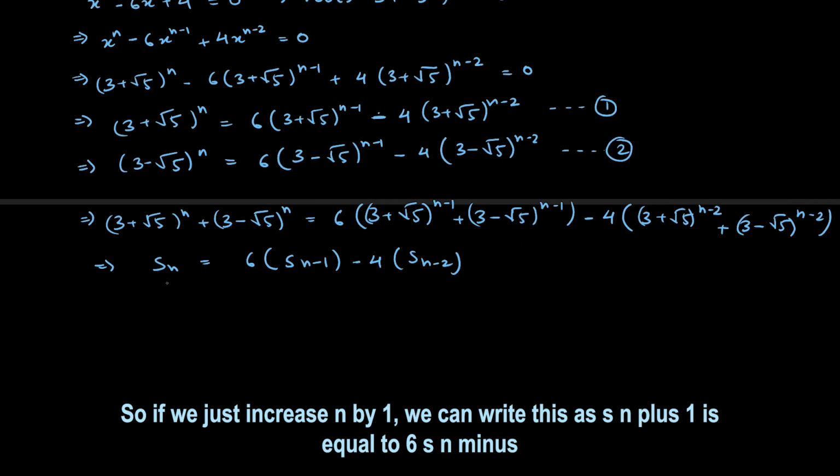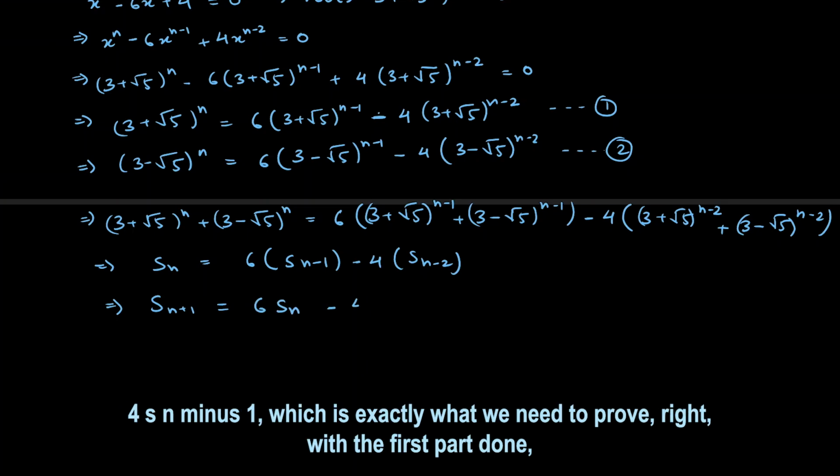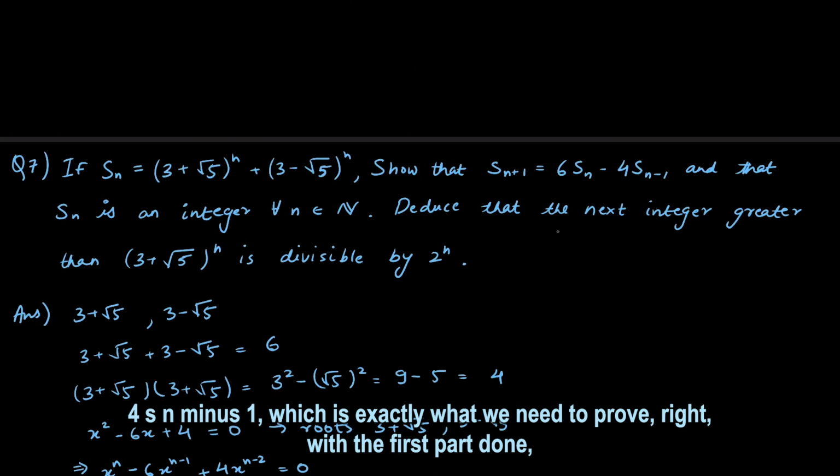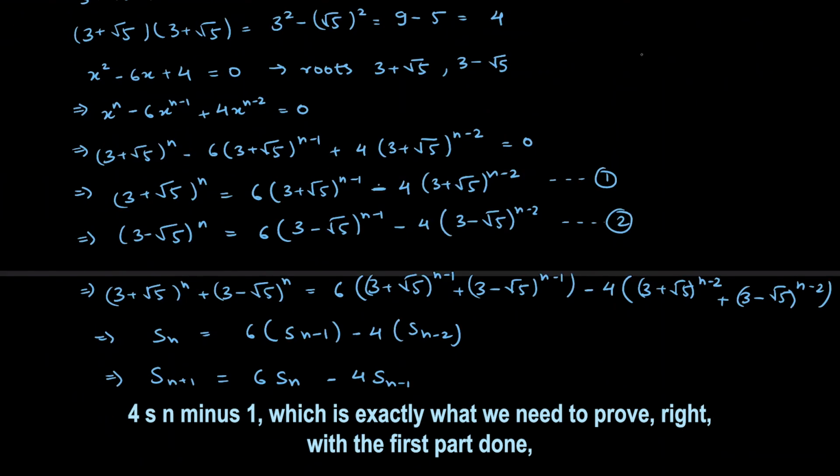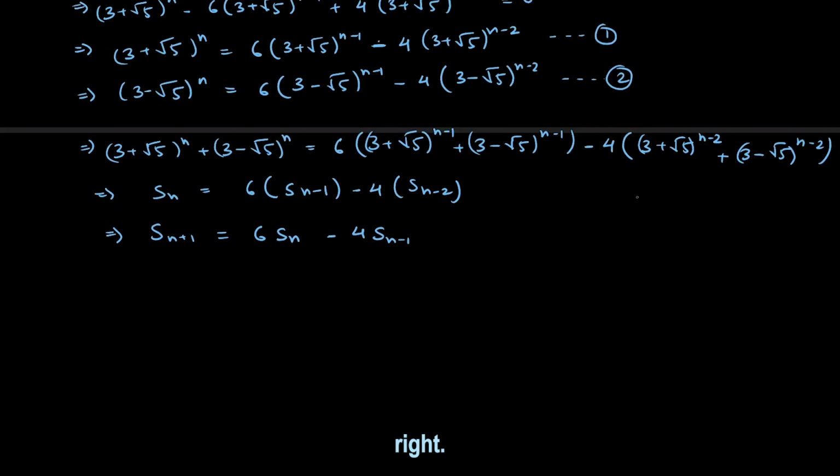If we just increase n by 1, we can write this as S(n+1) = 6Sn − 4S(n−1), which is exactly what we needed to prove. So this is the first part done.